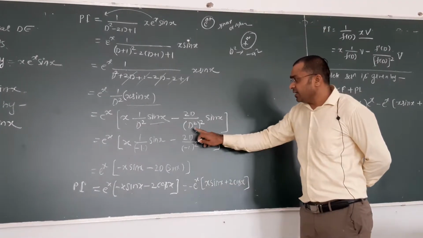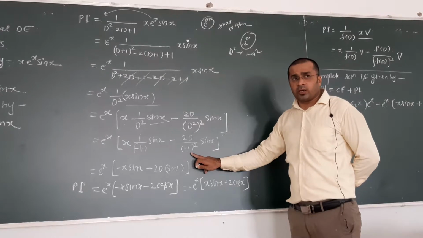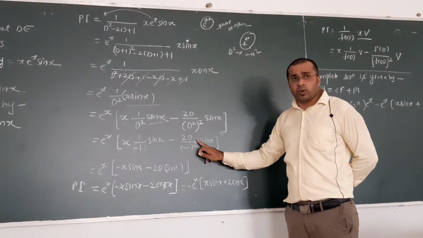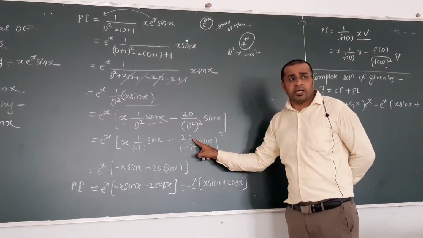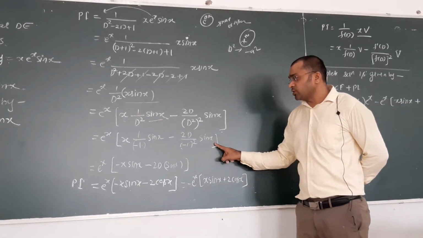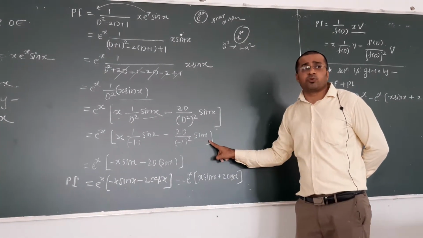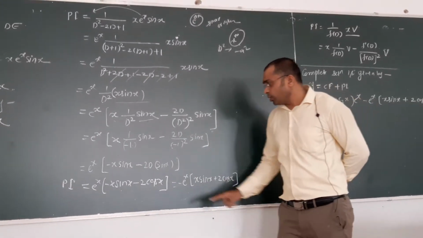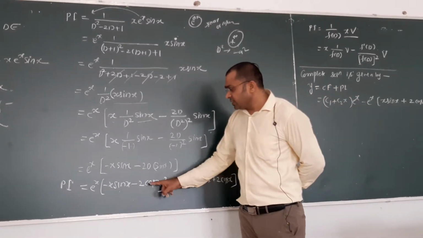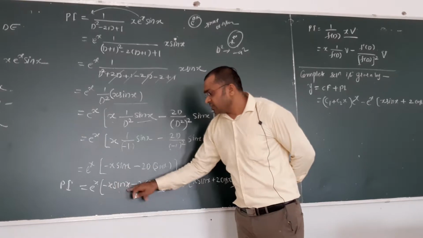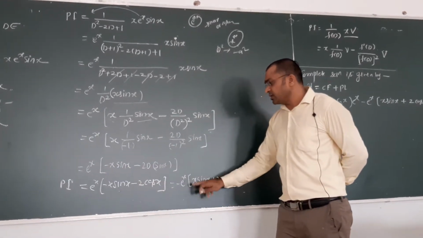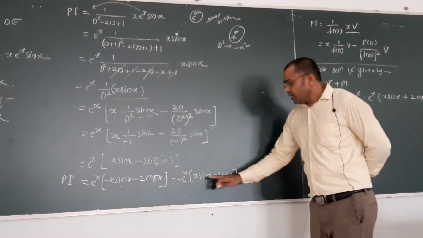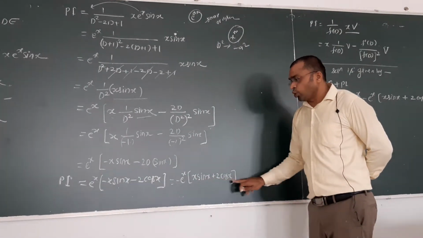Again the same case here, D² is replaced by minus 1, then minus 1 square is plus 1. Now 2D, D means derivative with respect to x. The derivative of sin x is cos x. So it will be a cos x here. Minus sign we have taken outside, it is minus e^x, and the remaining thing we have written is x sin x plus 2 cos x.